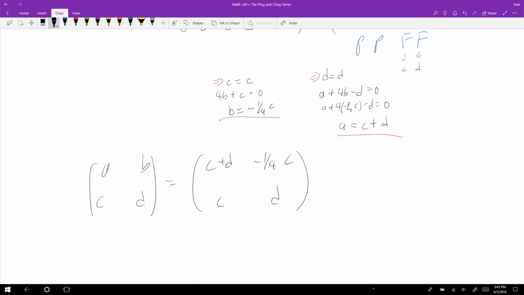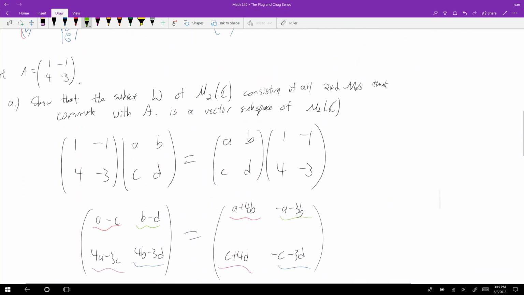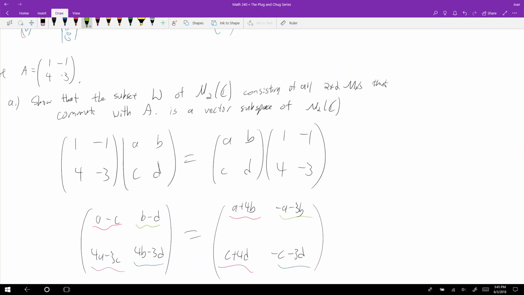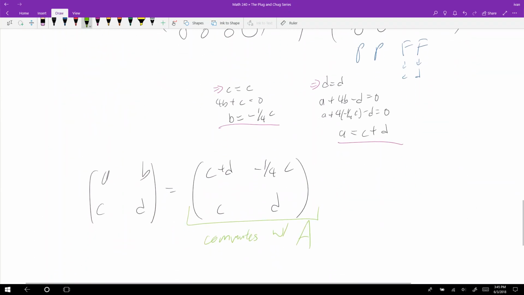So this is the matrix that commutes with the matrix A right here. So this is the type of matrix that it looks like.